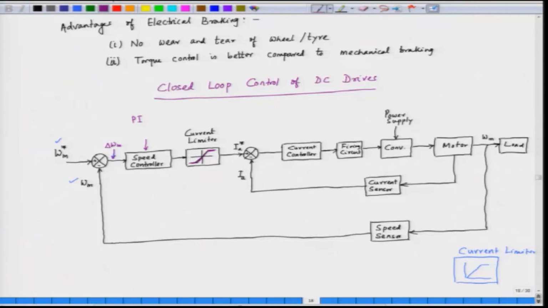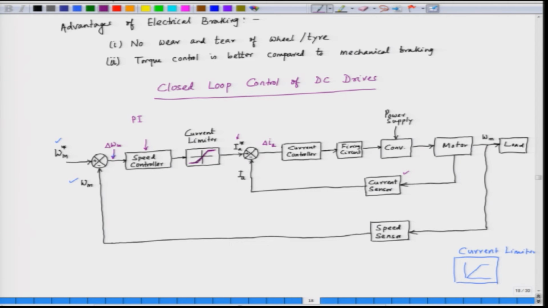And then this I A star is a reference current, which is the output of the current limiter, and that is compared with the actual current by means of this feedback loop, by this current sensor, which senses the value of the actual current and feeds it back, and then what we have in this case is a current error delta I A.